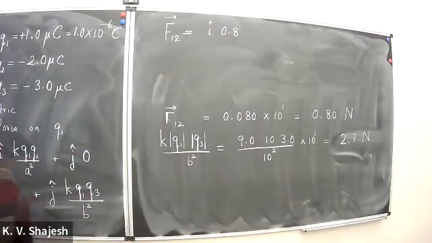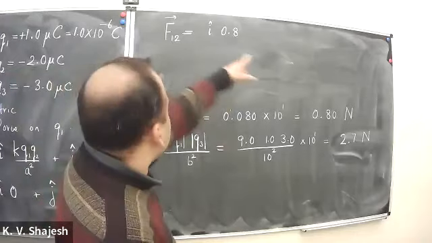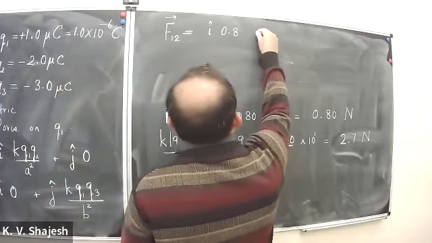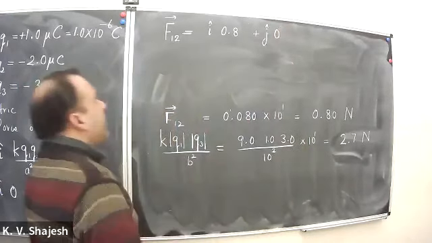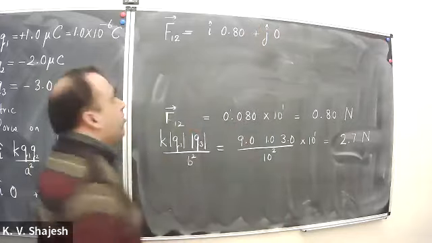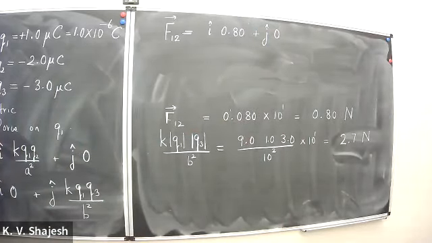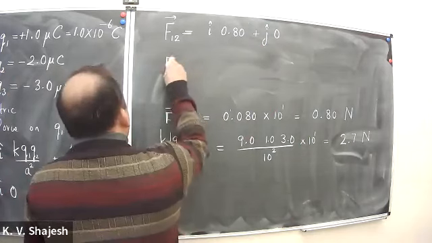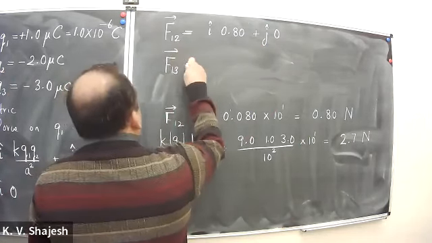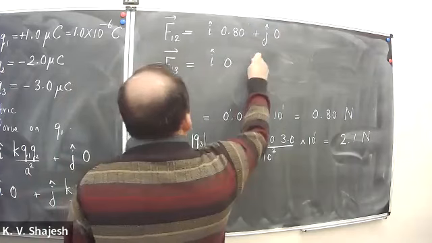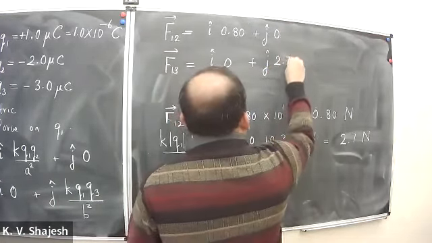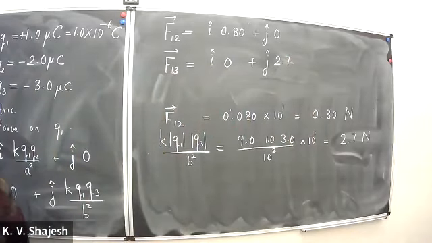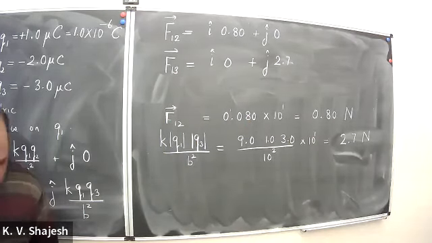Let me drop the units. It's understood that it is in newtons, so that there is less clutter. And then this is j hat times 0, and it should be 2 significant digits, so I should put in that 0.80. F13 similarly is i hat times 0 plus j hat times 2.7. Again, it should be newtons, but I dropped the units to avoid some clutter.